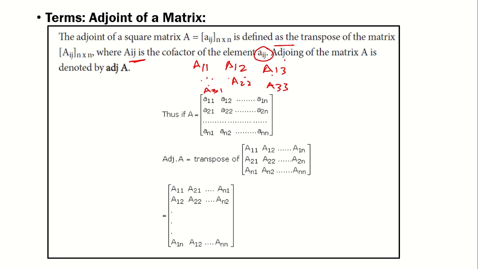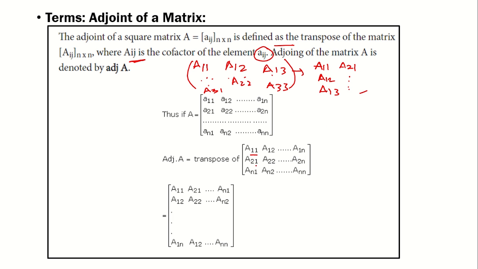Now if you were to take a transpose of this matrix such that this actually becomes A11, A12, A13, and similarly this becomes A21, and so on, then this would actually be the adjoint of the matrix.